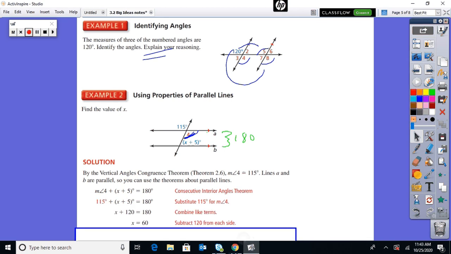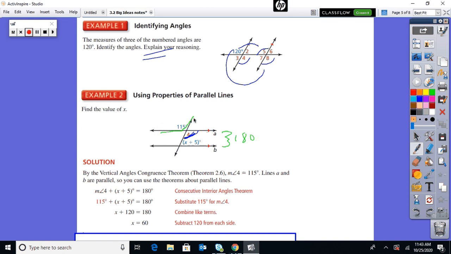We can just think logically: 115 is obtuse, x plus 5 is acute, so an obtuse one and an acute one in the same diagram are going to be supplementary.